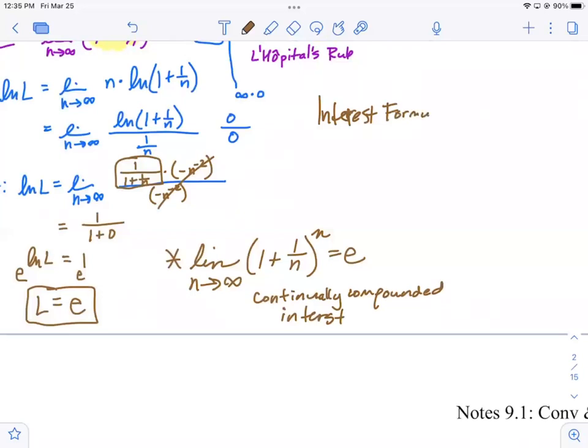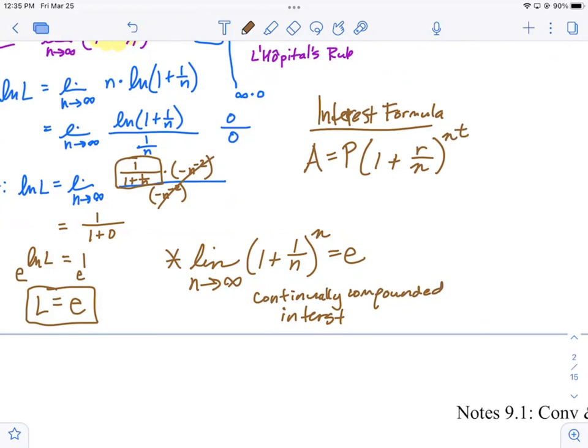Interest formula. The amount A at any given time is going to be P, your principal amount, your original amount, times 1 plus your interest rate divided by n, to the n-th power, where r is your interest rate as a decimal and n is the number of times it's compounded per time t.